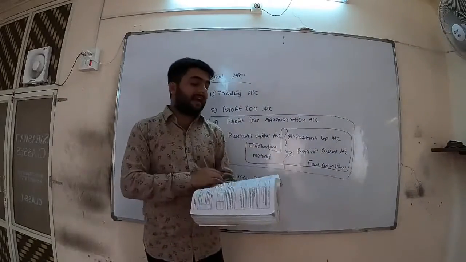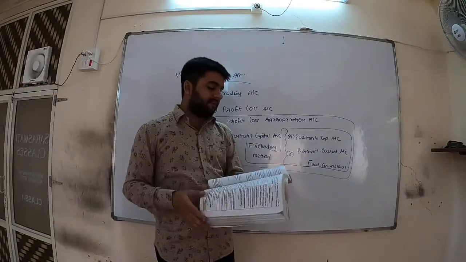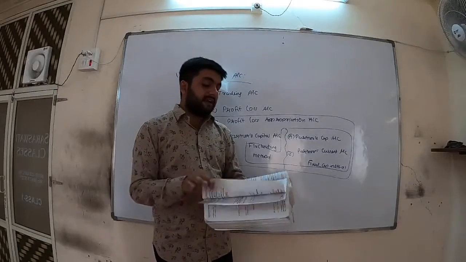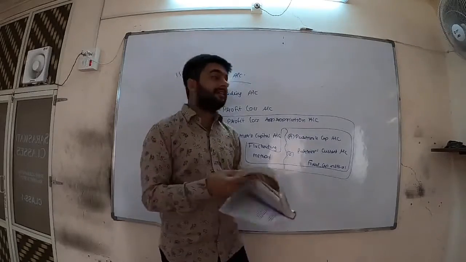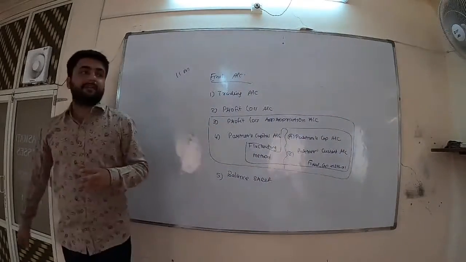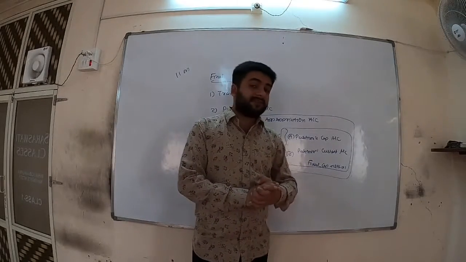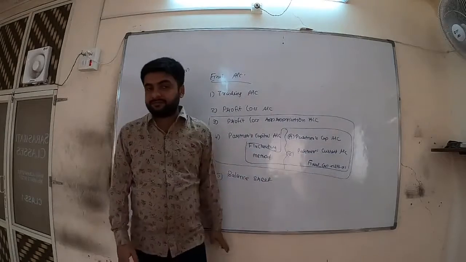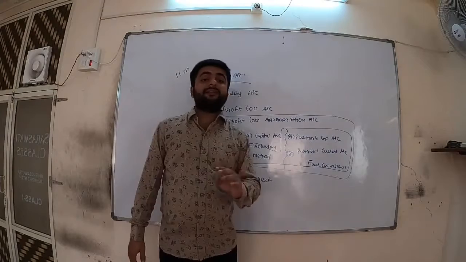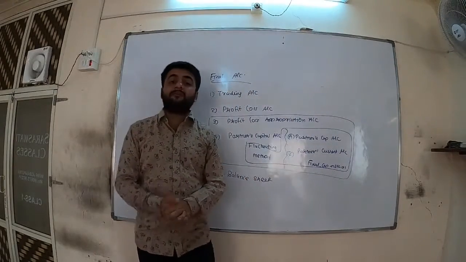In detail we will see after completing the small sums of this chapter. Their difference is given, that is not required. Again, profit and loss appropriation is given, that is also not required. What I need to tell is that this chapter 1 carries 4 marks weightage in the boards. For that you will be asked one MCQ and a 3-mark sum from this chapter. The 3-mark sums are of 11 types.